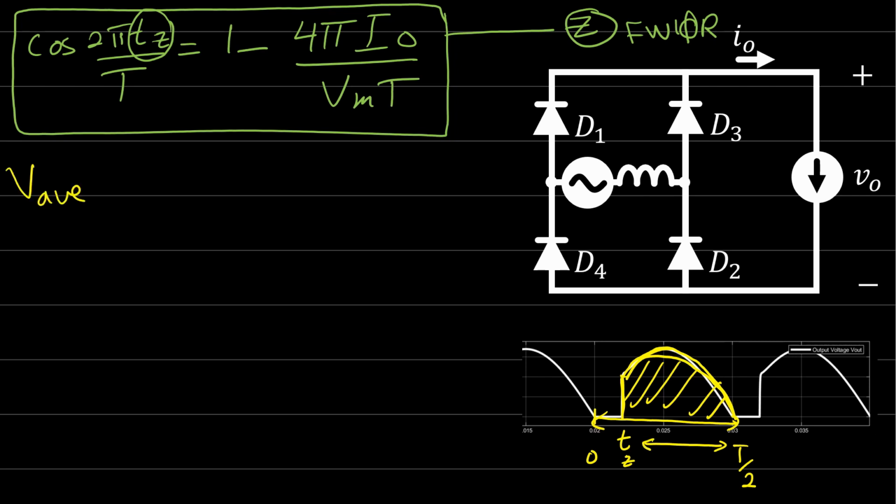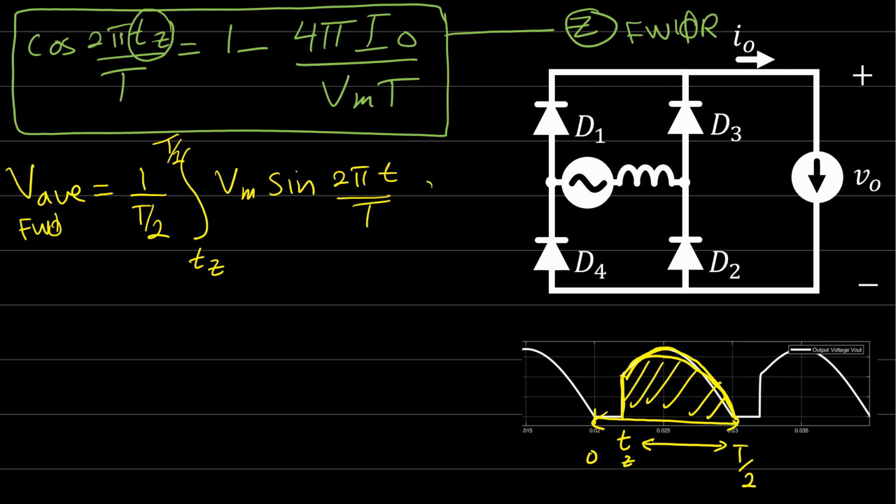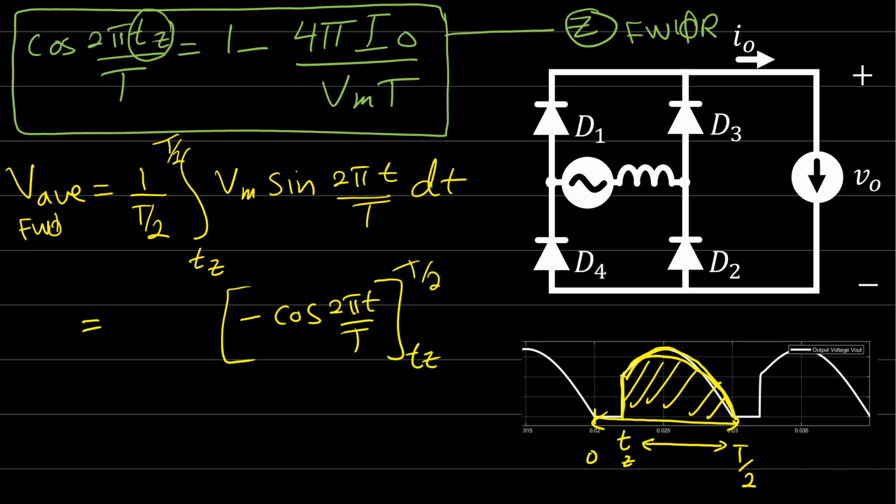For this single phase full wave rectifier, 1 over T over 2, integration from Tz to T over 2 of V maximum sine 2 pi t over T times dt. Now this simply is minus cosine 2 pi t over T from Tz to T over 2, multiplied by 2 times T V maximum over T times 2 pi, T with T, 2 with 2.